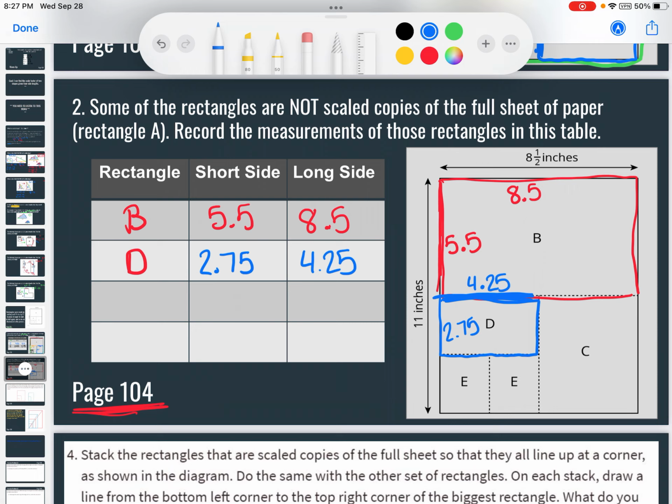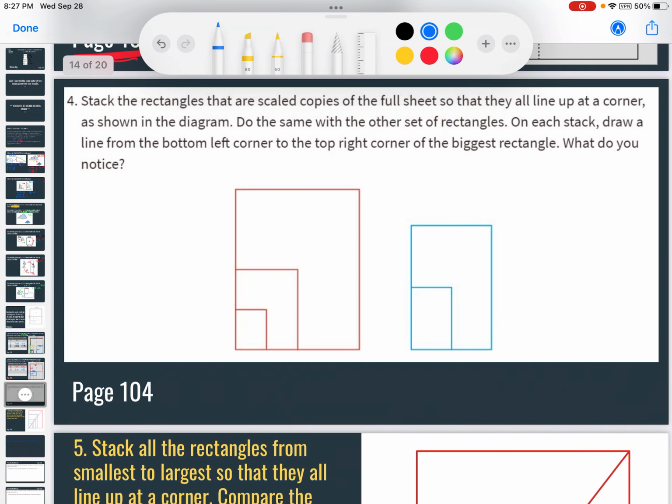So today, really, we just worked on scaled copies of each other. Hopefully we understand what it means for a shape to be a scaled copy. But now I want you to look at number 4. Number 4 has this stacked for you. It says they stacked the rectangles that are scaled copies on the full sheet of paper.